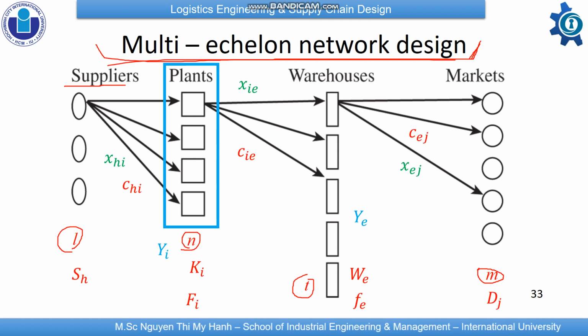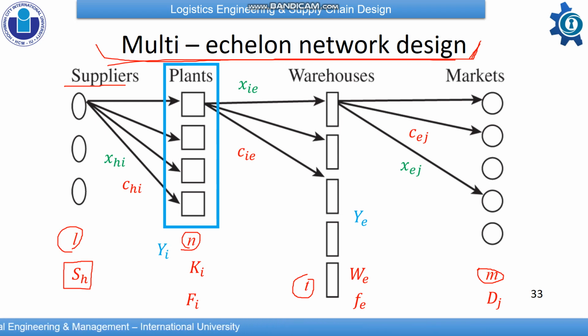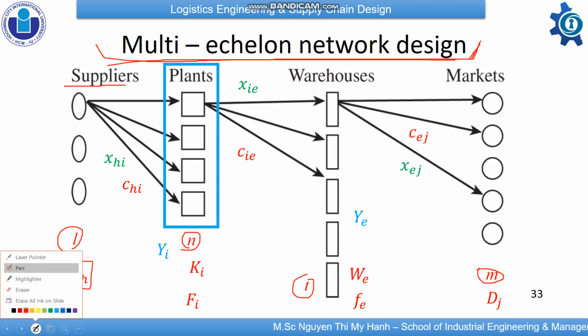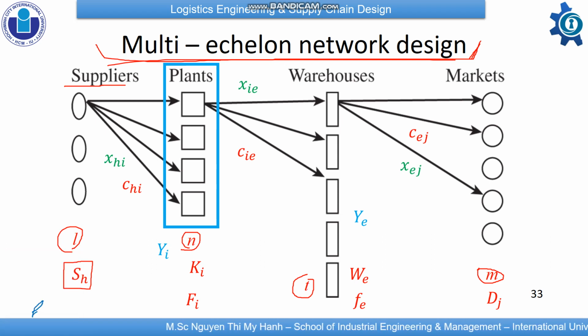Here we have the capacity of suppliers, S_H. H is the index of suppliers, so H will run from 1 to L, right?